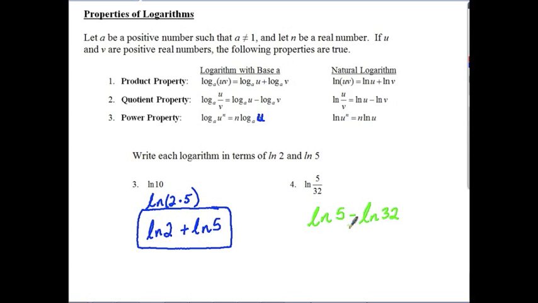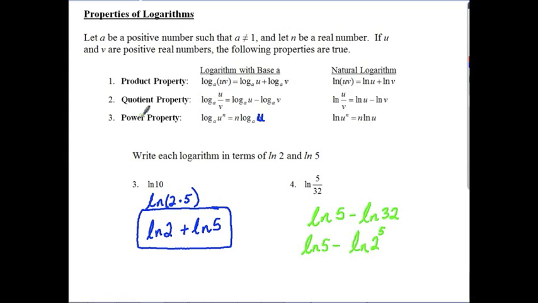Natural log of 5 is good, but the natural log of 32 is a little too big still. But the good thing with this is, 2 to what power would give you 32? So we have to think of 2 squared is 4, 2 cubed is 8, 2 to the 4th is 16, 2 to the 5th would give me 32. So natural log of 5 minus the natural log of 2 to the 5th power.